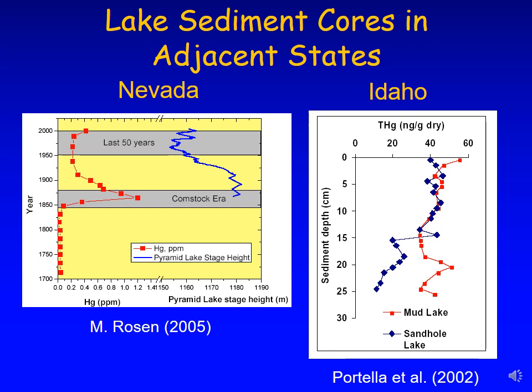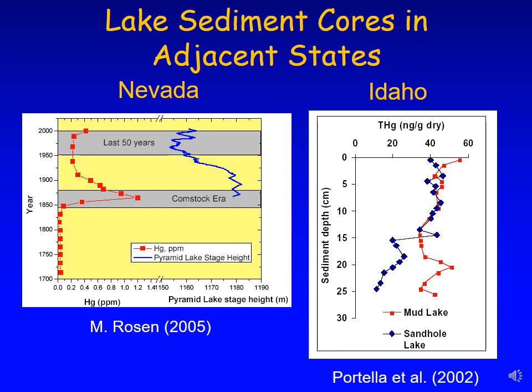Basically you can see that there's a pretty good correlation between the lake height in blue and the amount of mercury in the system as well, at least in the last few years.